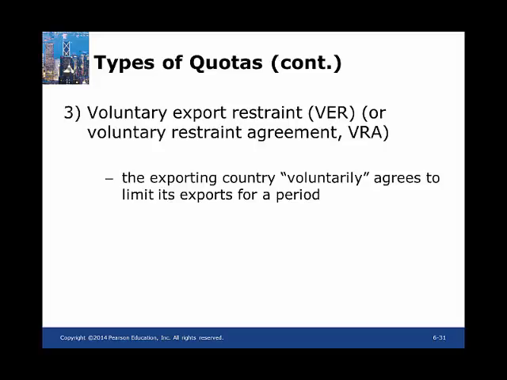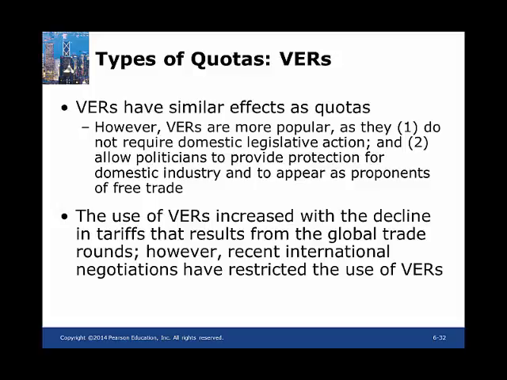Types of quotas continued. The third type of quota is the voluntary export restraint, VER, or voluntary restraint agreement, VRA. The exporting country voluntarily agrees to limit its exports for a period. VERs have similar effects as quotas.